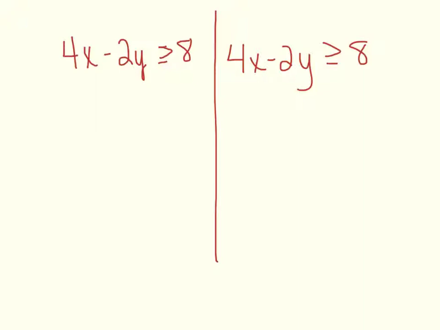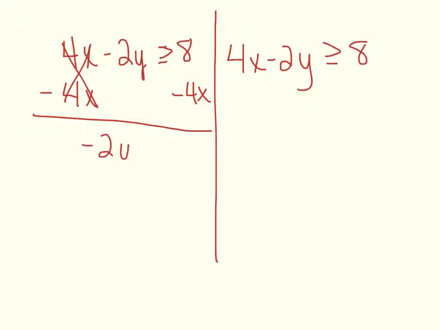Now, you might be wondering, why do we have to flip the inequality sign when we multiply or divide by a negative number? Well, let me show you why. On the left side, I have the same inequality that I had on the previous page where we flipped the inequality sign. Real quickly, I'm going to go through those steps just to recreate what I had on the previous page.